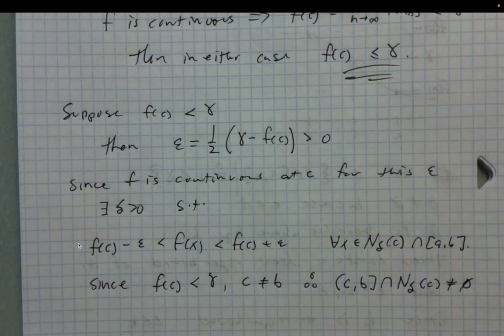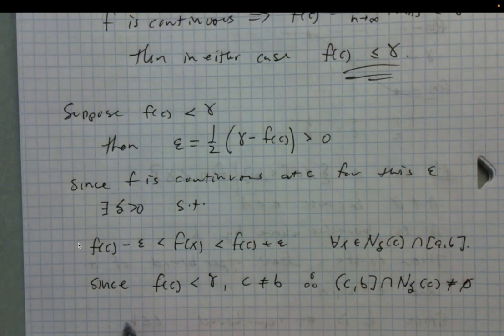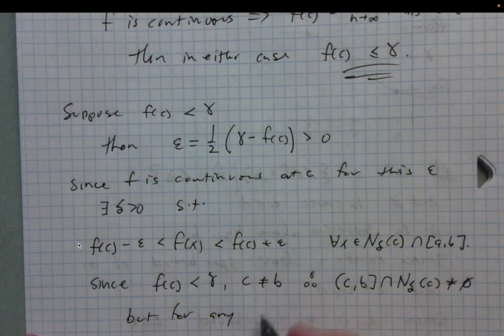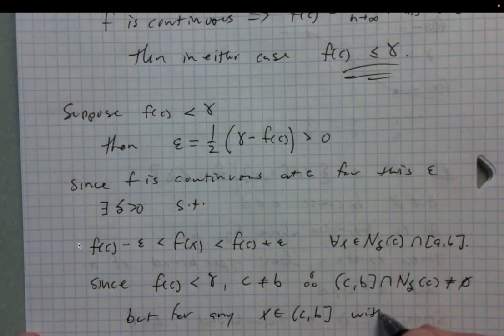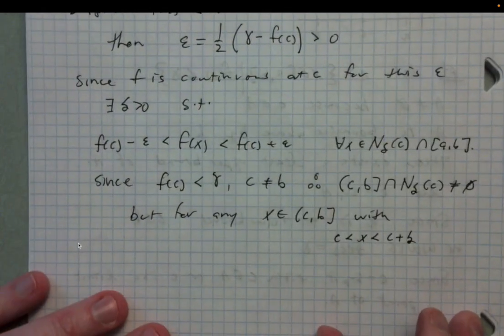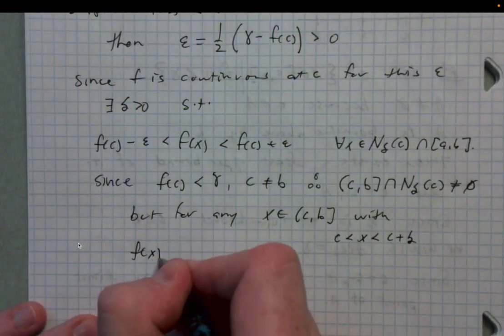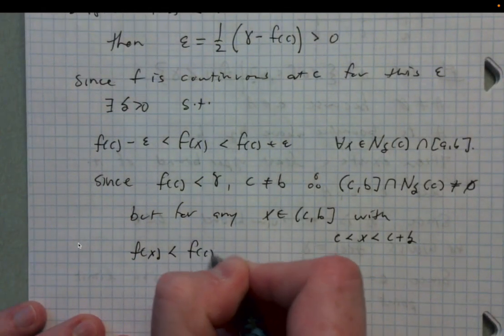But for any x in the interval C up to B, with C less than x less than C plus delta, f of x is less than f of C plus epsilon.